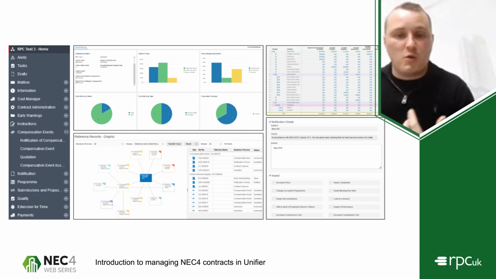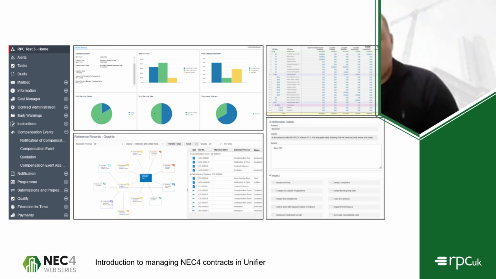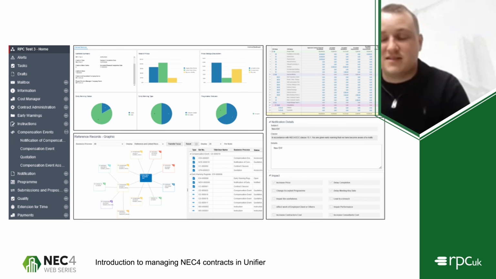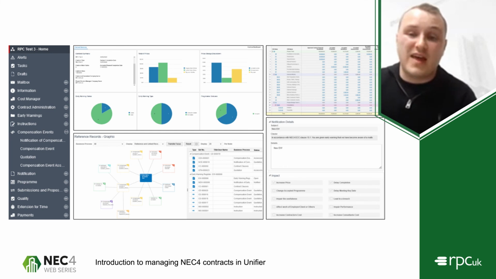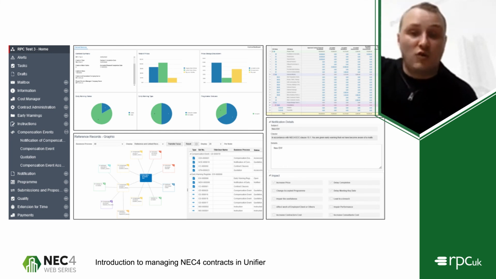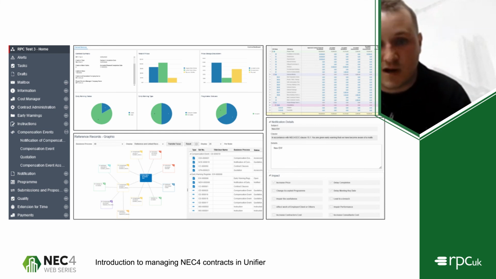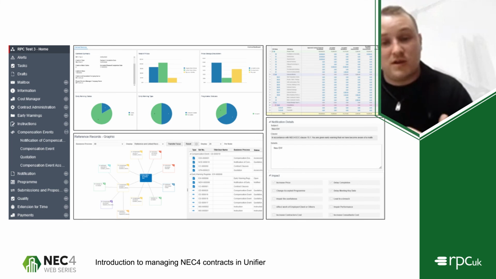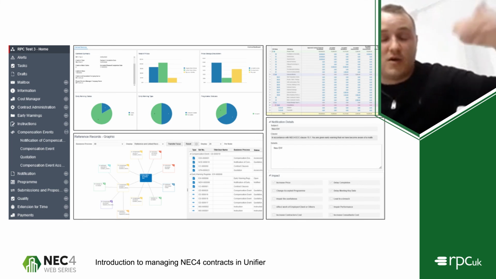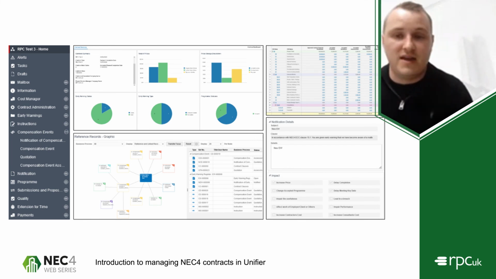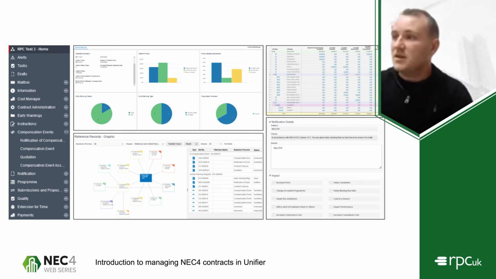So as we go through our NEC workflows in terms of CEs, etc., that cost information is going to update our contract level and then update the levels above as well. So all that will line up between your contracts and then your portfolio at the top level. It also has payments on there as well.